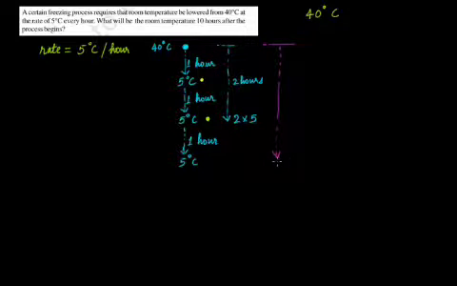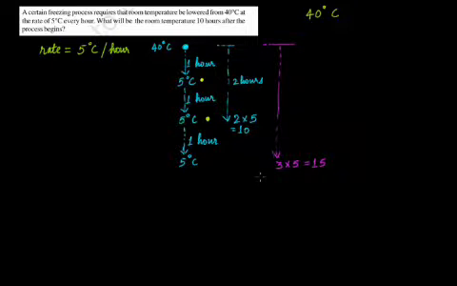And for every 1 hour the drop is 5 degree. So this drop will be 15 degree from the initial stage. How? 5 plus 5 plus 5, that is 15.